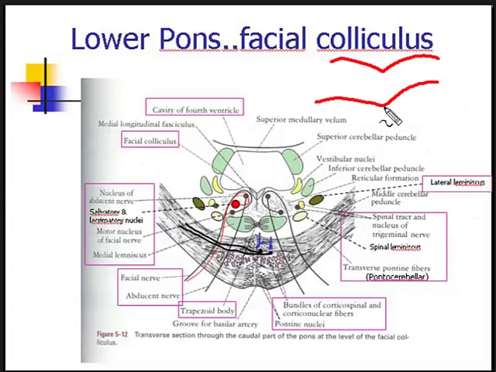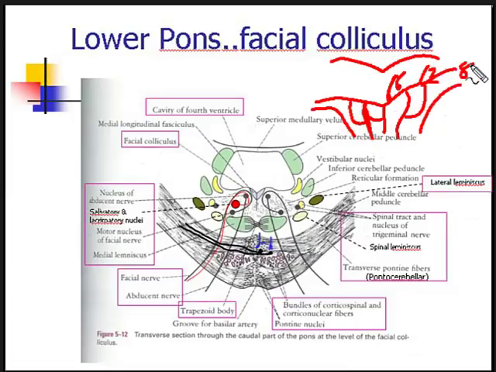That's the pyramid, the olive and inferior cerebellar peduncle. Remember, the sixth came off medially, the seventh and the eighth laterally, with the eighth being most lateral. Okay, so this is something you must understand. So now let's look here.